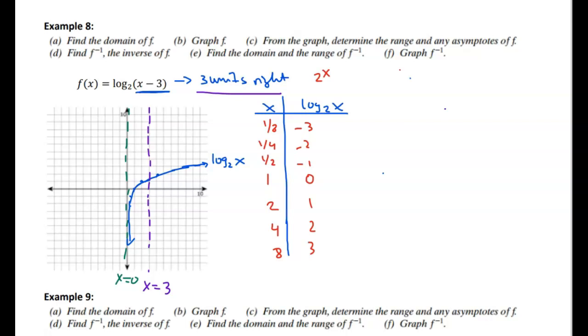So 1, 0 goes to 4, 0. 2, 1 goes to 5, 1. 4, 2 goes to 7, 2. 8, 3 goes to 11, 3. We can do these, and then make sure the graph goes next to the vertical asymptote like that. So this is log base 2 of x minus 3.